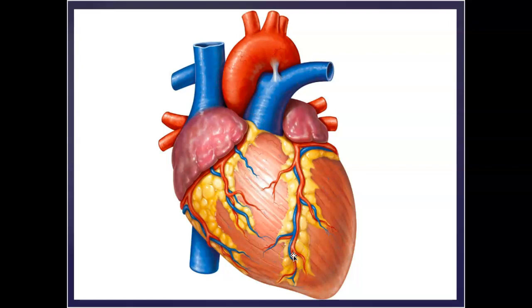It's found within the anterior interventricular sulcus, along with the left anterior descending artery. Now the one along the marginal artery here, this vein draining the right ventricle, is going to be the small cardiac vein. So the great cardiac vein and the small cardiac vein.